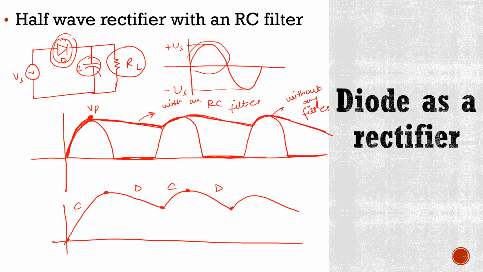Again, from this point to this point it is charging, and from this point to this point this capacitor is discharging. Still, this output is not purely DC and it has some ripples. So the variations in the capacitor voltage due to the charging and discharging of this capacitor is called the ripple voltage.